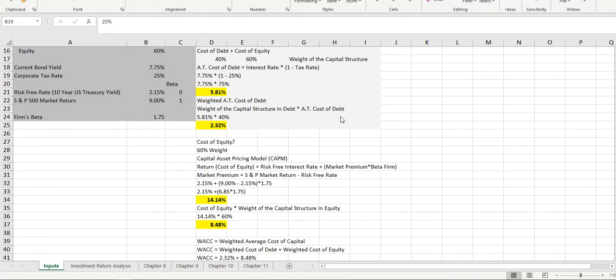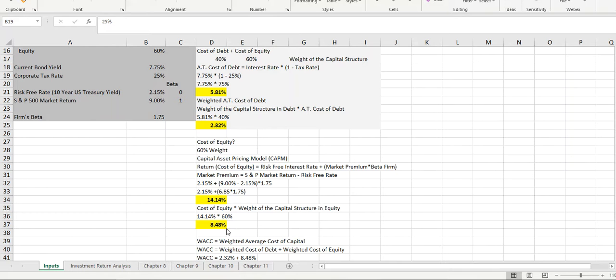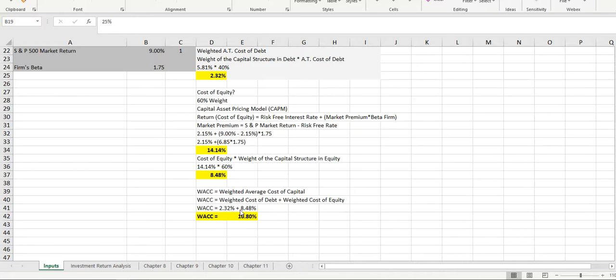Also, we learned about the cost of equity using the capital asset pricing model, taking the risk-free rate plus the market premium times the beta of the company, and then weighting that times the capital structure equity of the company, then adding those 2 amounts to get 10.8%.